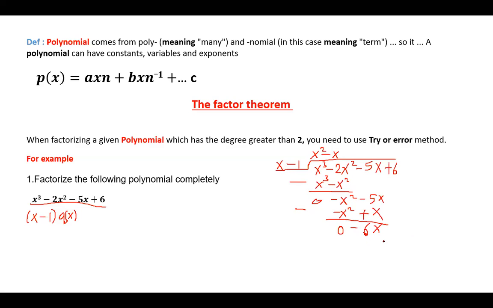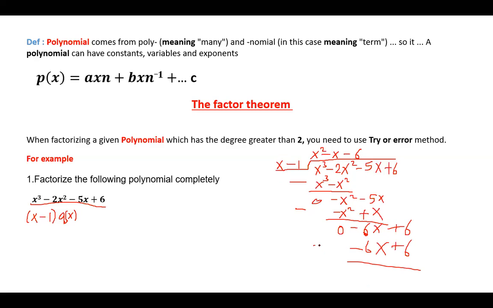Then you again divide x into negative 6x, you get negative 6 there. Then you proceed by multiplying this negative 6, and let me just bring down this positive 6 first. Negative 6 times x, you get negative 6x. Negative 6 times negative 1, you get positive 6.